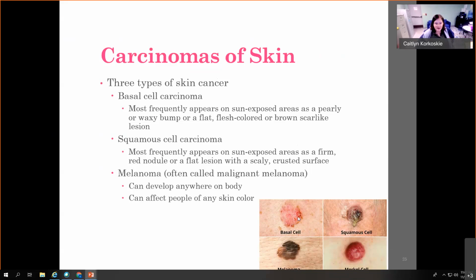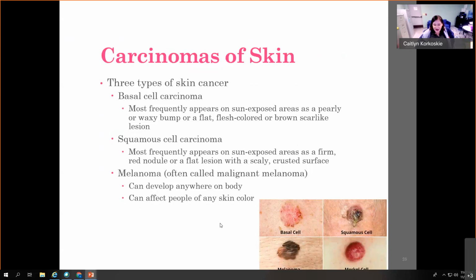Squamous cell carcinoma also appears after sun exposure, but is a firm red nodule or can be flat with some scaly or crusted surfaces, which is this one right here. Underneath it's pretty red, but it has that crusted over area.